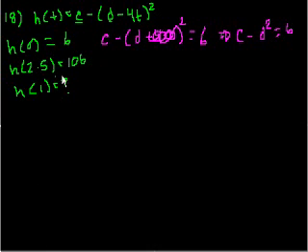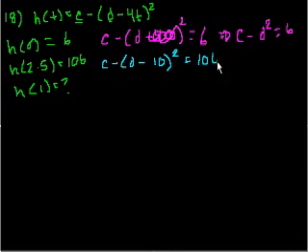Now the second equation, h of 2.5 is equal to 106. So that means that c minus d minus, what's 4 times 2.5? 4 times 2.5 is 10, right? I put 2.5 in for t. So c minus d minus 10 squared, and that is equal to 106.